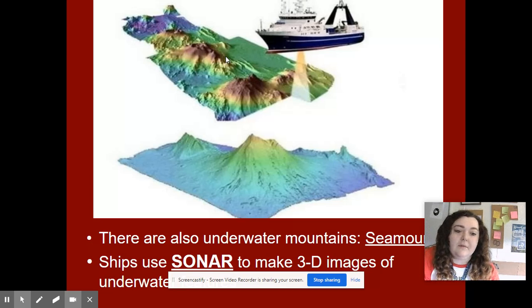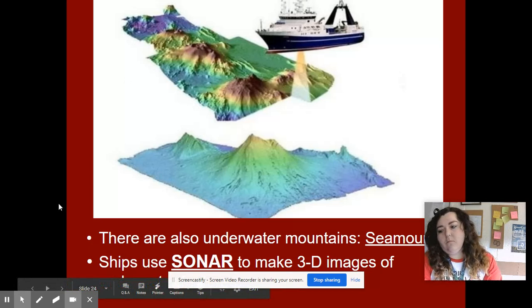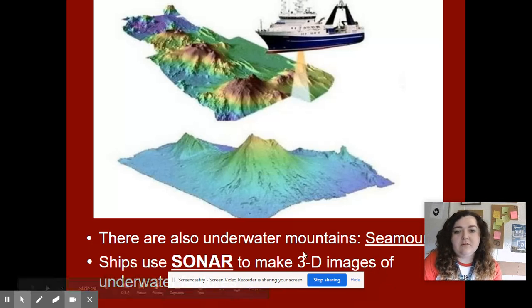And to map out these mountains, unlike on land where we could just use planes and fly over and look at it that way, to map the seamount, we use sonar. So sonar makes 3D images, and we're able to map out the mountains on the ocean floor.